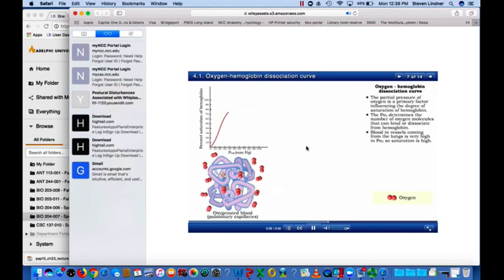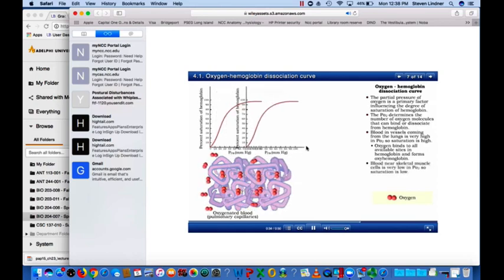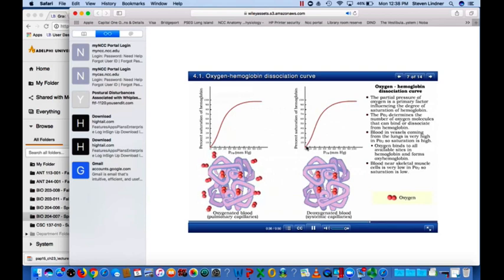This is because oxygen binds to all available sites in hemoglobin and forms oxyhemoglobin. Blood near skeletal muscle cells is very low in oxygen partial pressure, so saturation is low. The lower partial pressure of oxygen causes the oxygen bound to oxyhemoglobin to detach, and it is unloaded to the tissues.